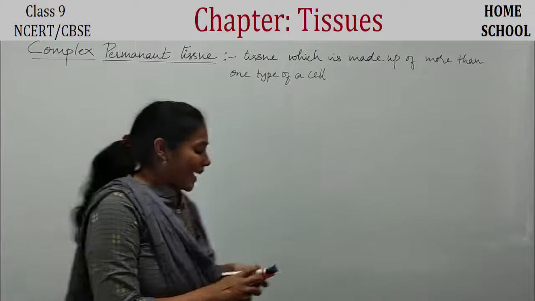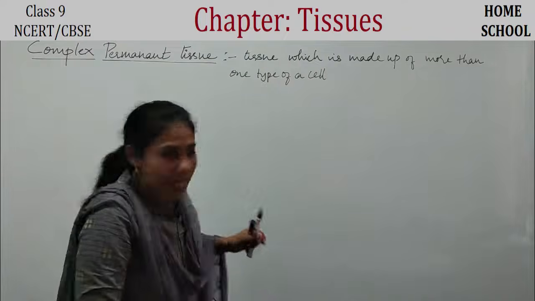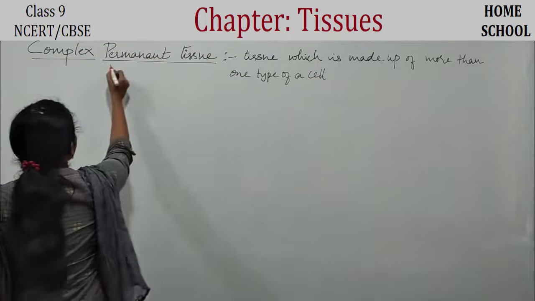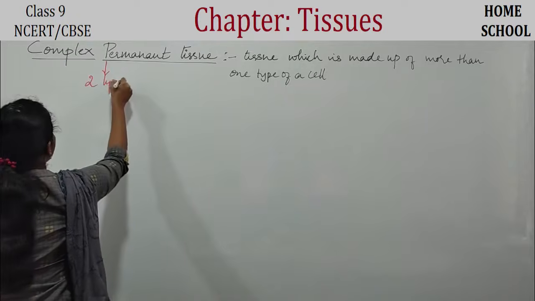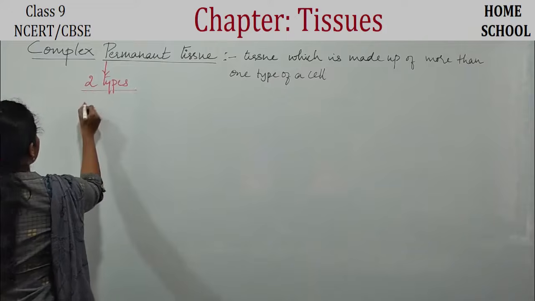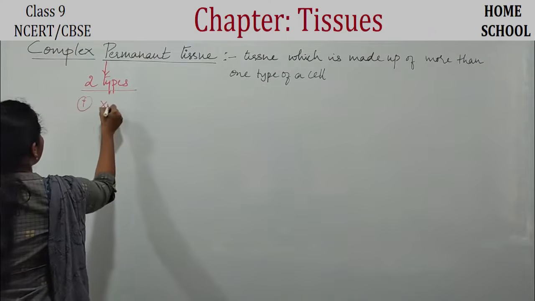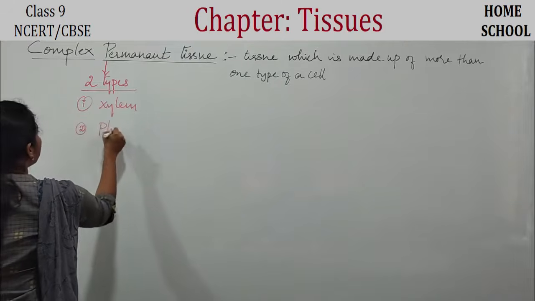Okay, we actually have two types of complex permanent tissue, guys, right? So there are two types, very important. The first one is xylem tissue. Second one, phloem tissue.